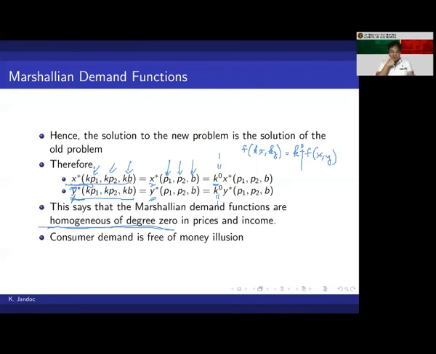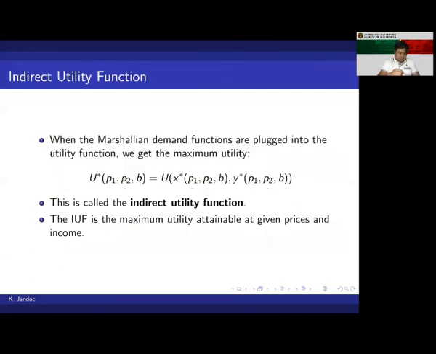That's the same as saying that if prices and income increase in the same proportion, that wouldn't change the optimal bundle. So consumer demand is free of money illusion. We'll go through an example later on.